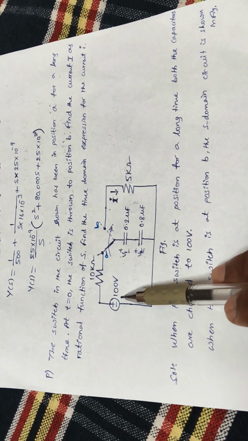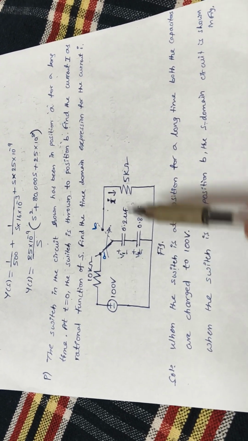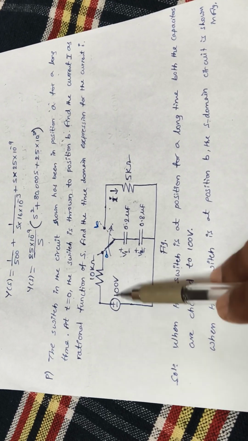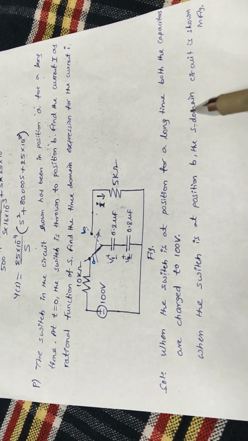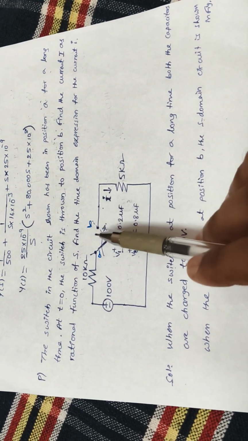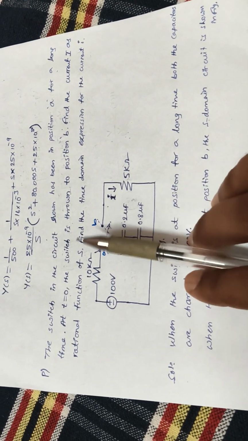V1 plus V2 is charged to the 100 volts. As it is a long time, the entire voltage will be charged into both the capacitances. Now you convert this circuit into the S domain when the switch is moving from position A to position B.